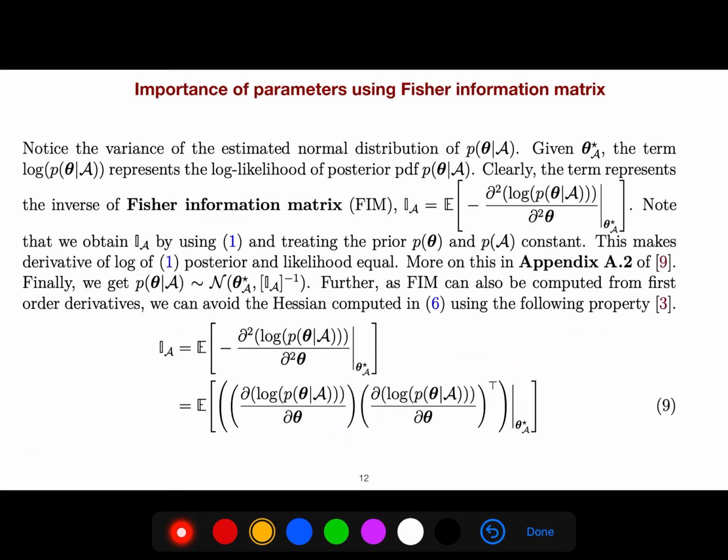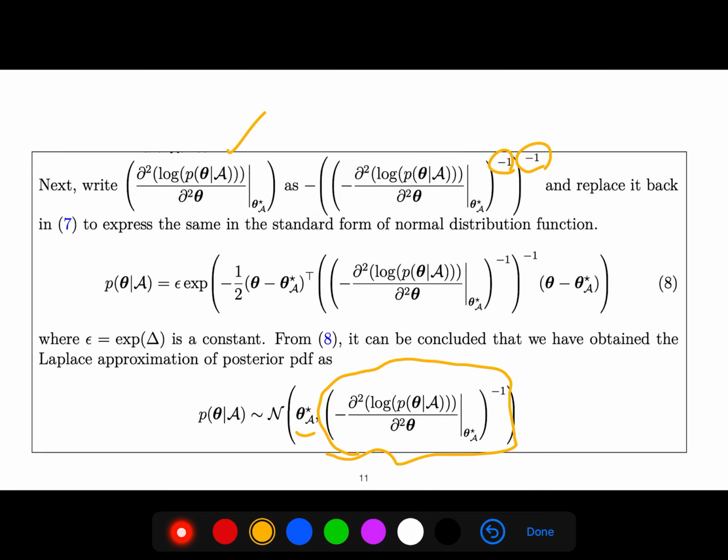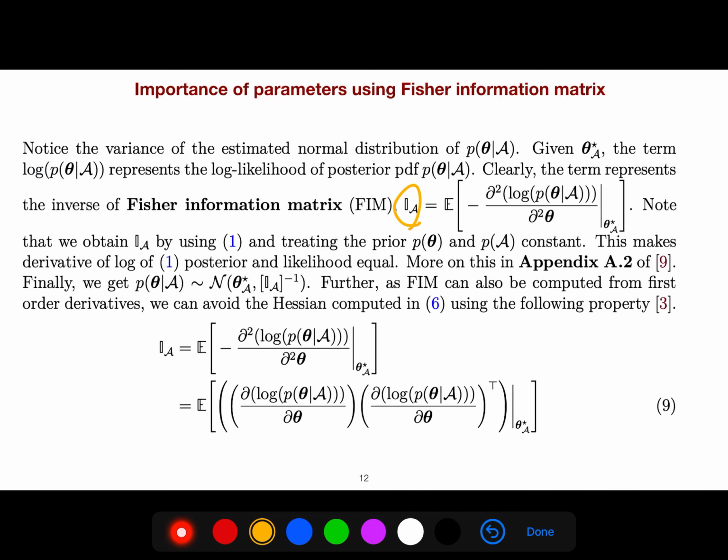And now you will see why the Fisher information matrix comes. Because this is like I of A if you take the expectation. Because this is a probability distribution, but if you take the expectation of that, we call it the Fisher information matrix.